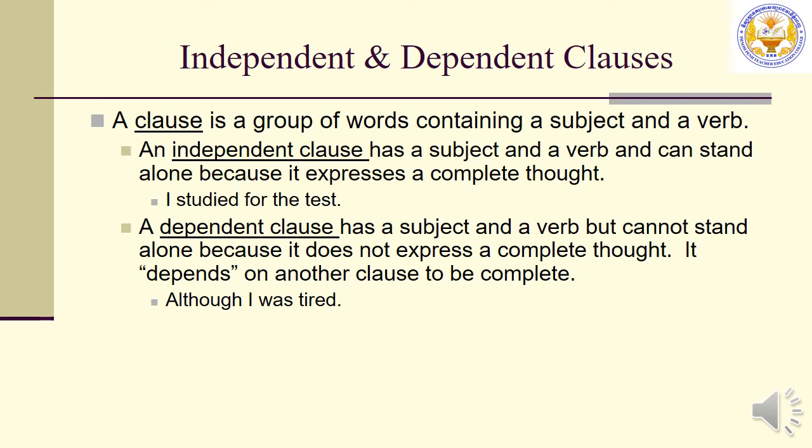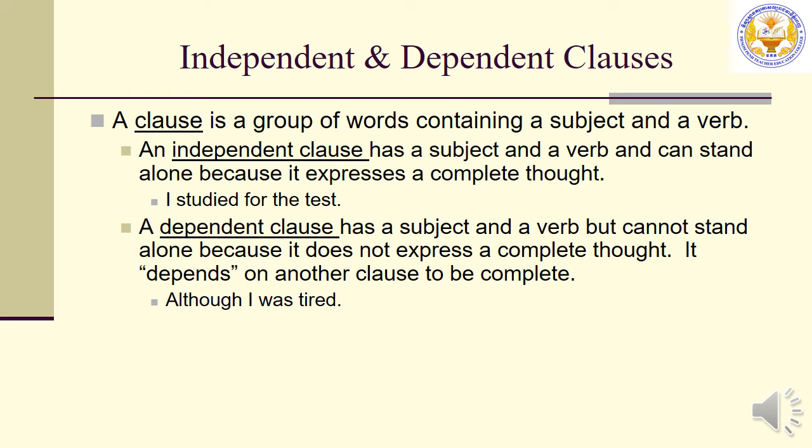So to form a complex sentence, we need an independent clause together with a dependent clause. So what is a clause? A clause is a group of words that contains a subject and a verb. It sounds like a sentence, right? But sometimes a clause can stand alone as a sentence, but sometimes it cannot.